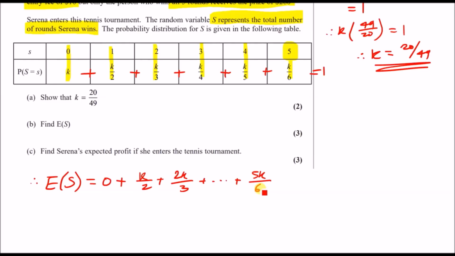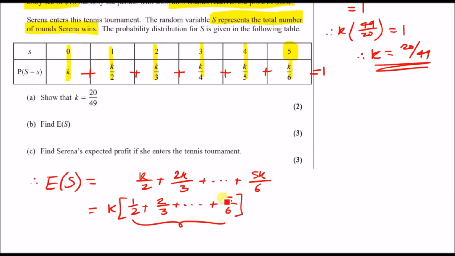In the exam, make sure you fill out the rest, because you never know how the examiner could feel that day. And now over here, you can once again factorize K, so just delete this because you don't need that. Factorize K, and you're going to get a half plus 2/3 plus ... plus the last one, 5 over 6. And then put all of this in your calculator.